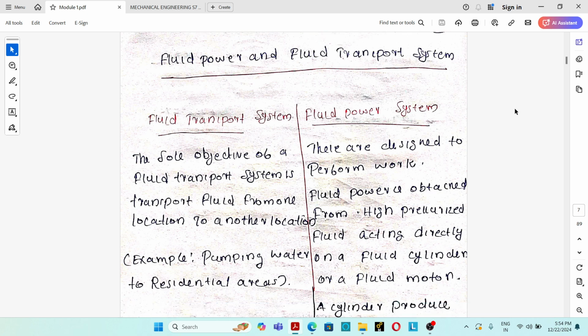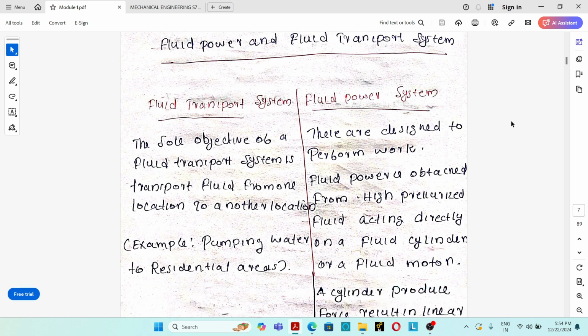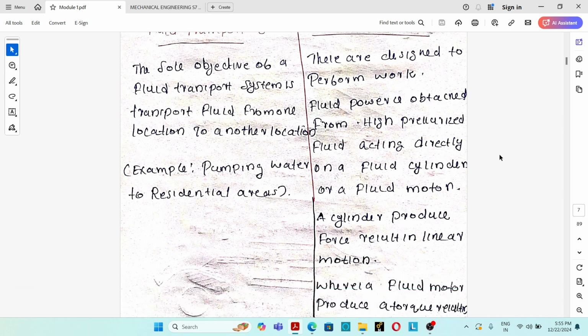Fluid power systems are designed to perform work. The pressure energy of the fluid is utilized by the actuator to produce a work output. So high-pressure fluid acts directly on a fluid cylinder or a fluid motor and produces the work output in the case of a fluid power system. In a fluid power system, we have hydraulic cylinders and hydraulic motors. A hydraulic cylinder produces force resulting in linear motion, and a hydraulic motor produces torque resulting in rotary motion.